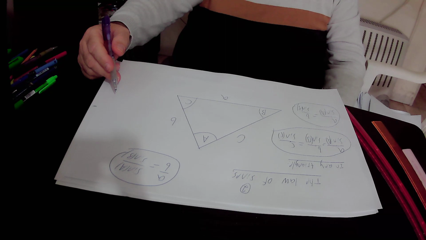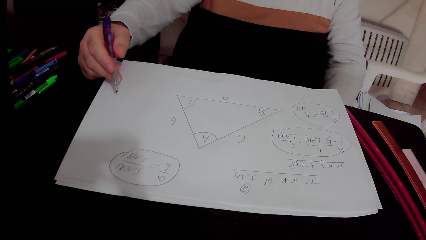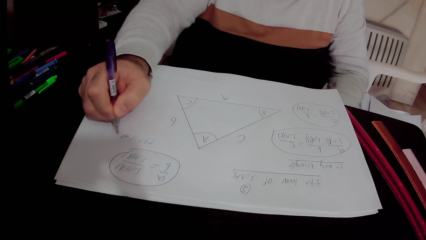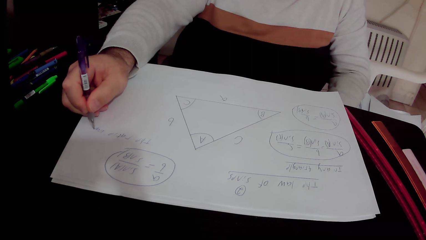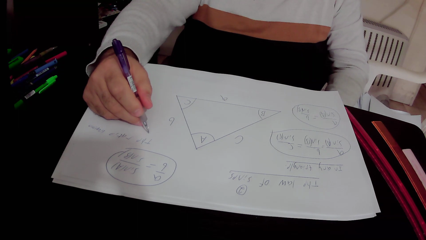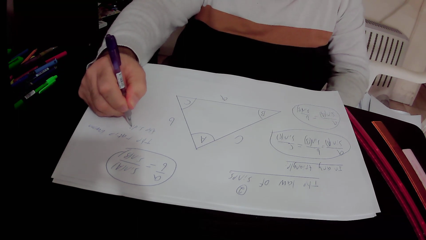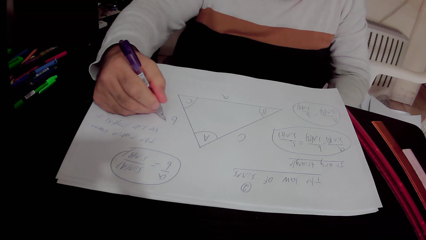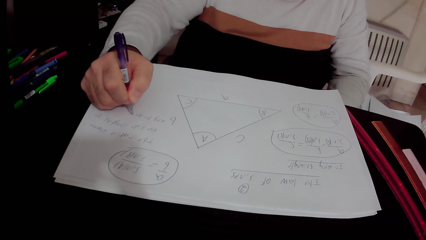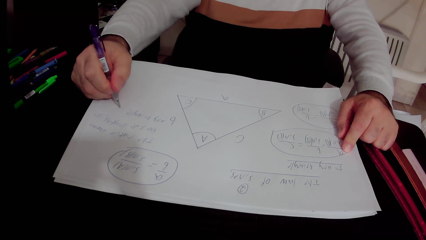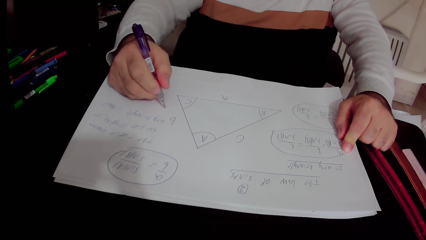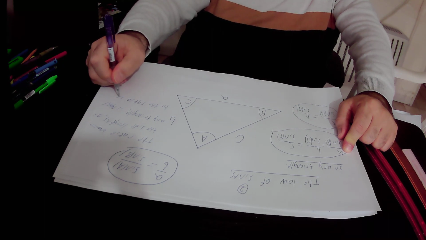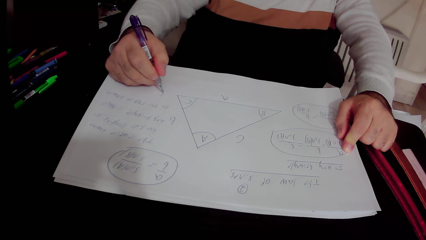The meaning of this equation is that the ratio between the side lengths of any triangle is equal to the ratio between the opposite angles.